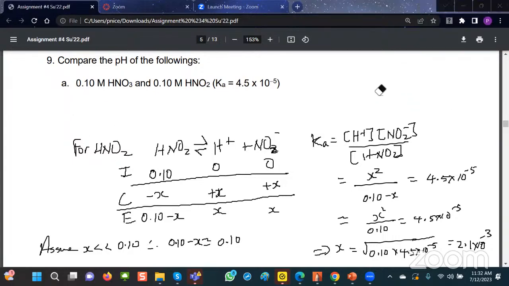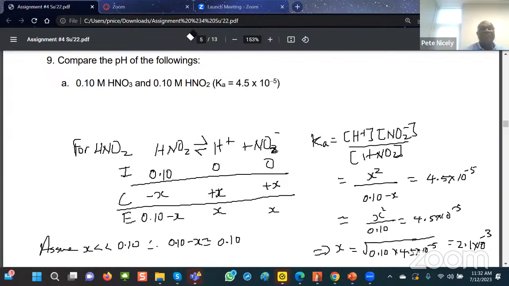You have to do the percent ionization to check the assumption. Okay, so percent dissociation would be equal to, in this case, 2.1 times 10 to the minus 3 divided by 0.10 times 100%. So let me see what that gives.